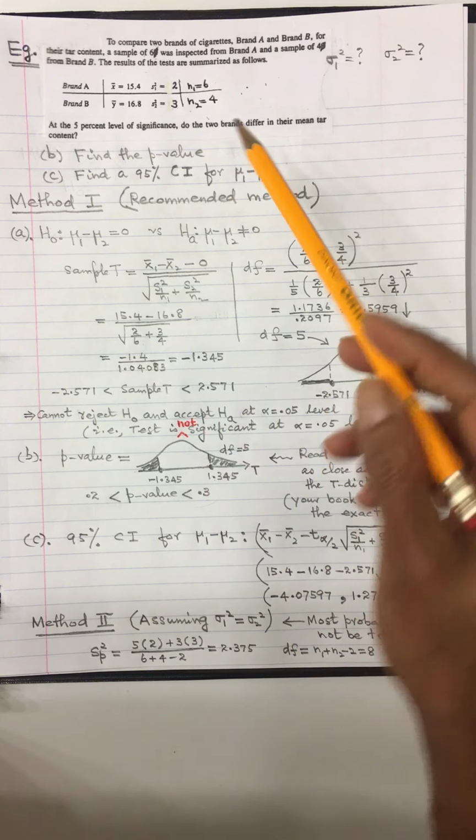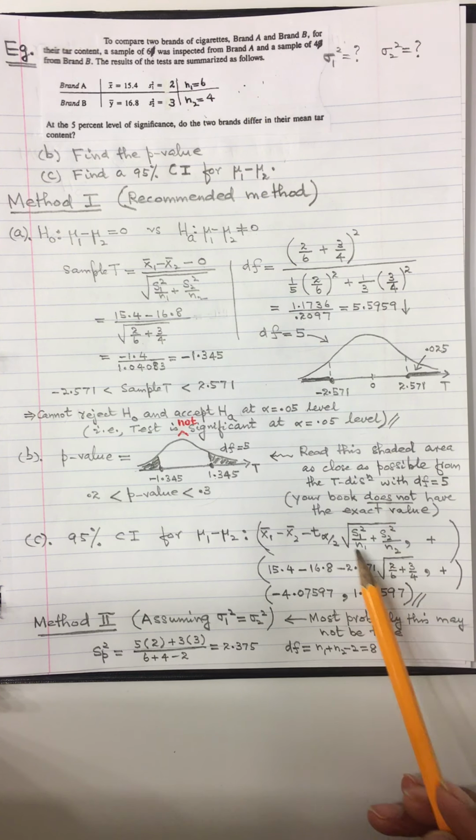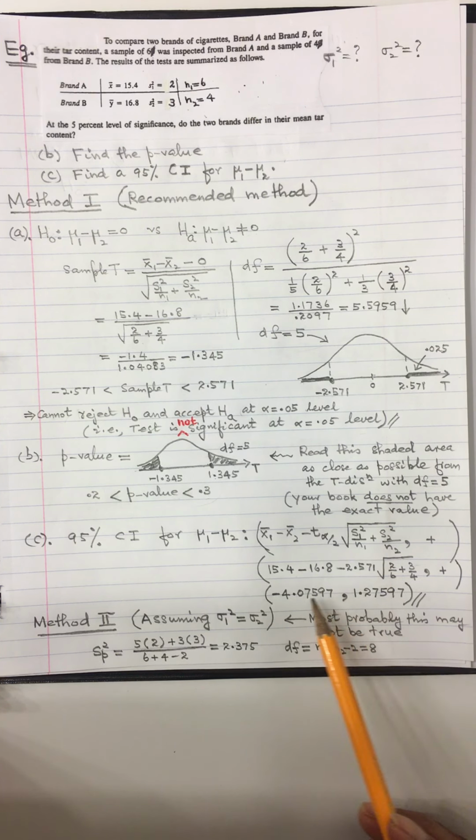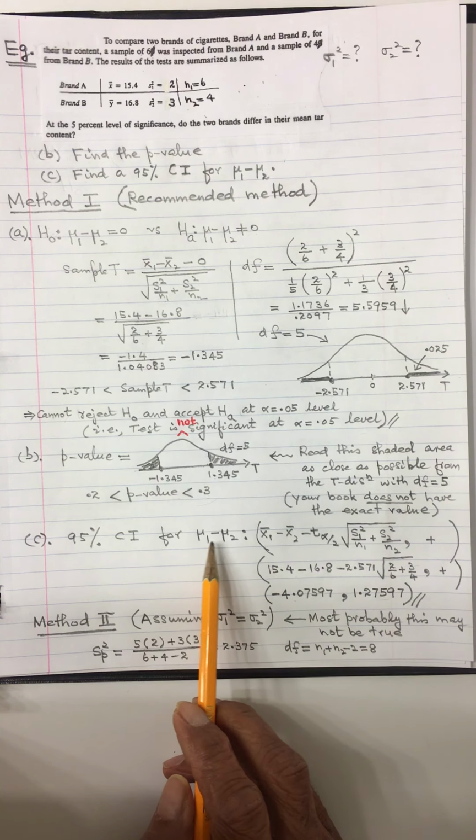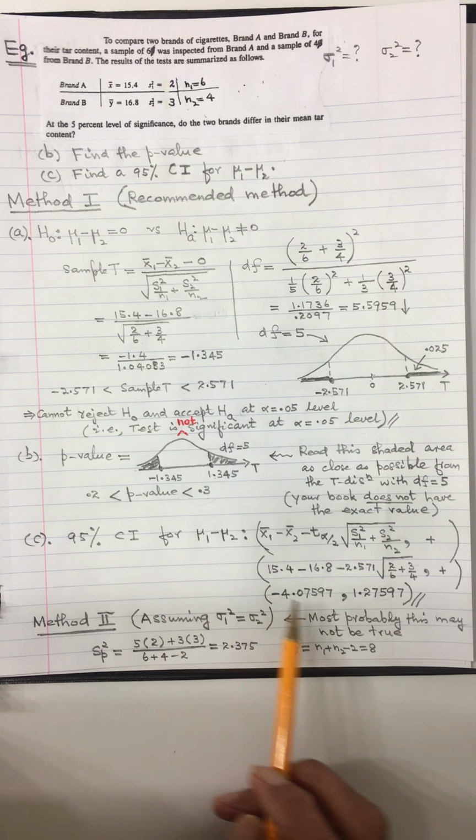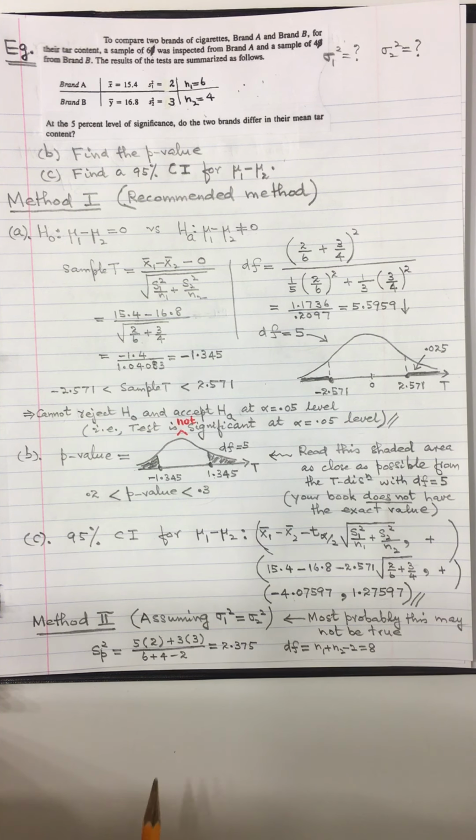Put all this information into the formula, and that will give you the 95% confidence interval, from here to here.